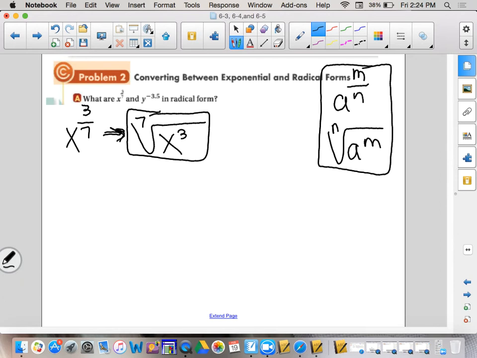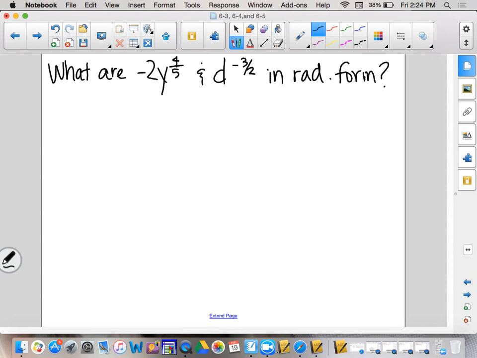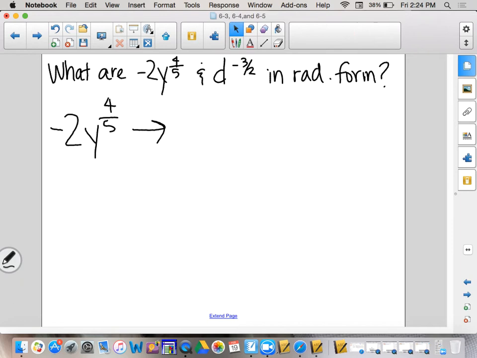Before we do that second one, let's do this one right here. So negative 2y raised to the 4/5. This is exponential form. I want to put it into radical form. Now here's the thing with one of these. If there is a number in front of your variable that holds the exponent, we're just going to copy it down over there.